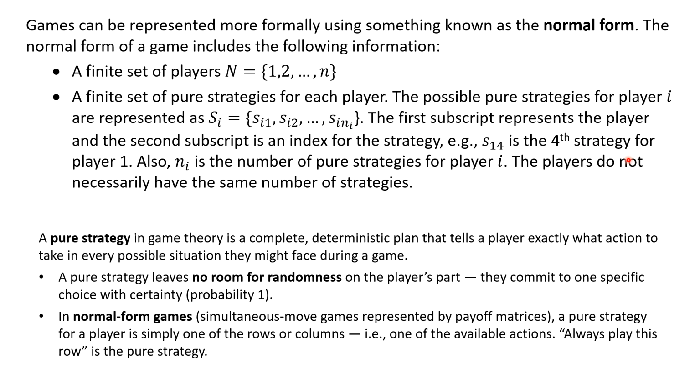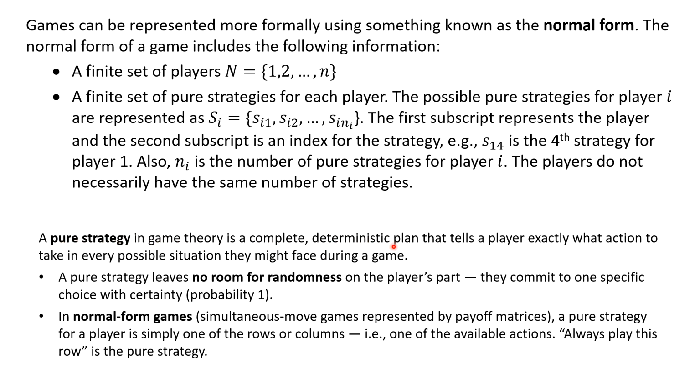And just a note, you don't have to have the same number of strategies for each player. We've been pretty much symmetric with our prisoners game and the pitching pennies, but you can have a case where maybe player 1 has 3 strategies, but player 2 has only 2 strategies. So that's also possible.